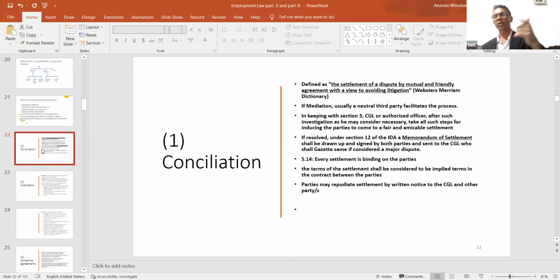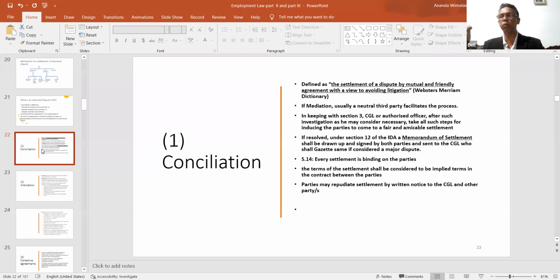If not, then the Labor Department, the conciliation process. Conciliation, the authorized officer can be appointed to conciliate, but normally it is not happening. The Labor Department is undertaking industrial dispute as the conciliation process. Conciliation is trying to settle this dispute through consensus building, amicable settlement, in a friendly manner.